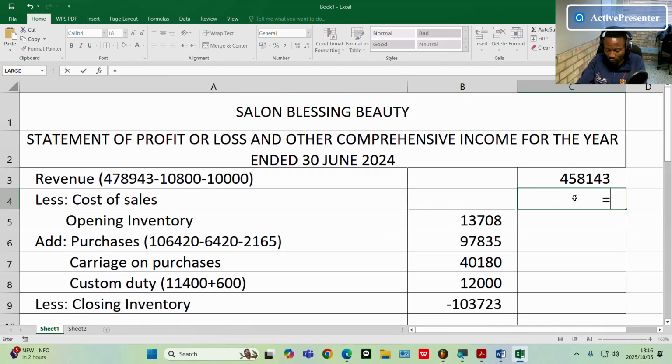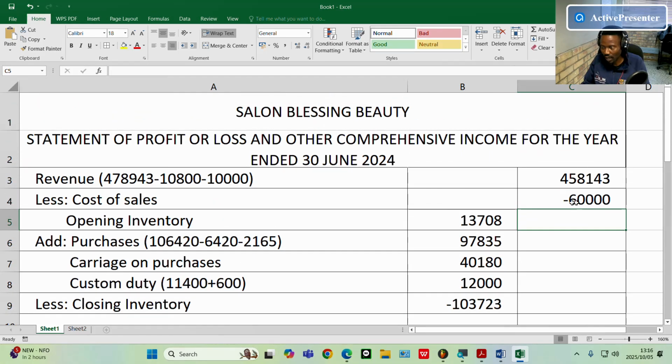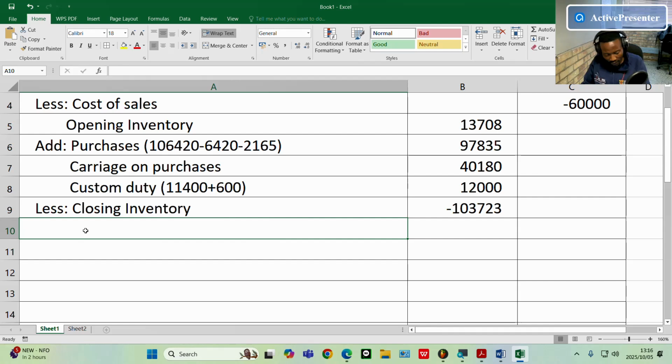Right, so now in order for me to get the full calculation, I'm just going to say equals to minus sum, because I actually need this in brackets, or I need it as a negative, and then from there I will be able to get my gross profit. Let me just put it in.